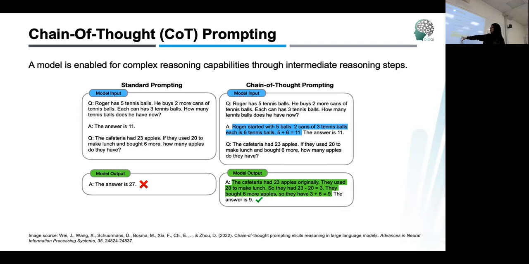If it is not going to think about the internal steps happening here, like chain of thought is not here, then it is going to answer directly 27, which is wrong. But if there is some reasoning and thought involved in the process, then the model is going to predict 9 correctly. And 9 is the actual answer. So that's something that provokes the reasoning capabilities of a model.